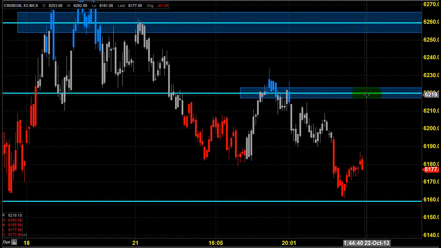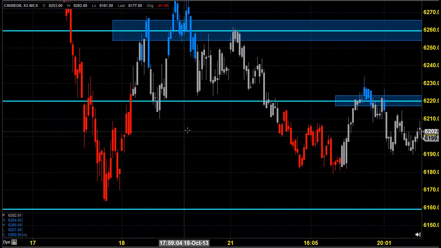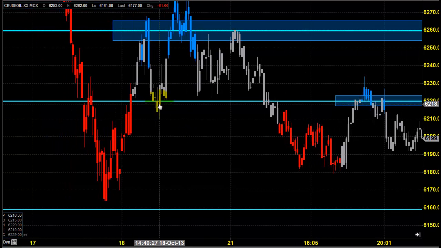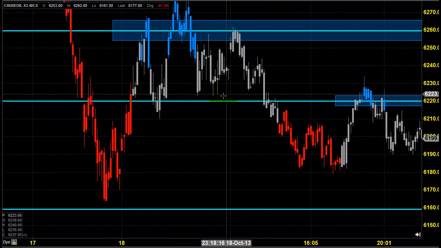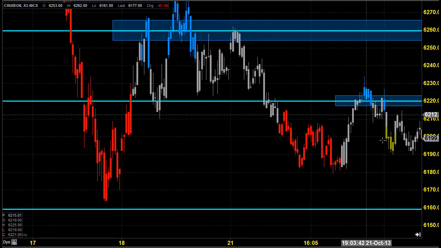6220 is going to be the key resistance zone for today. Why? Because you have noticed that many times the price tried to bounce back above 6220. So this is going to be the key area.